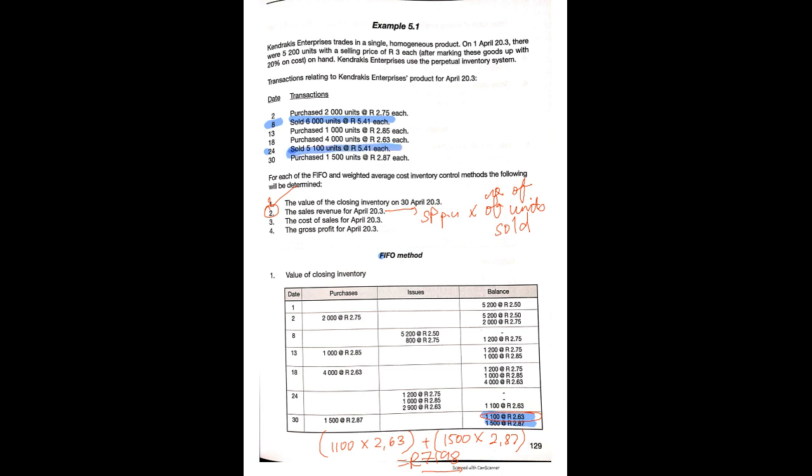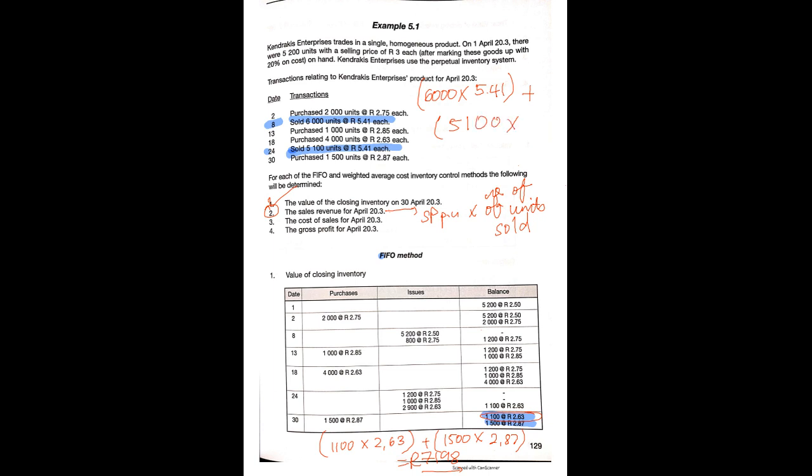So all you're going to do is say 6,000 times 5.41 plus 5,100 times 5.41.